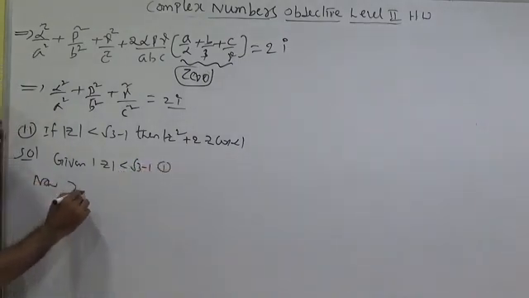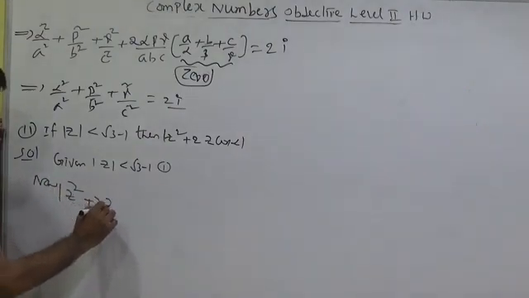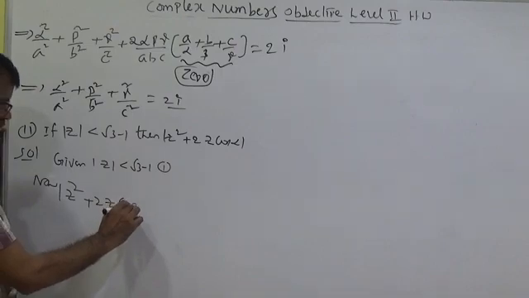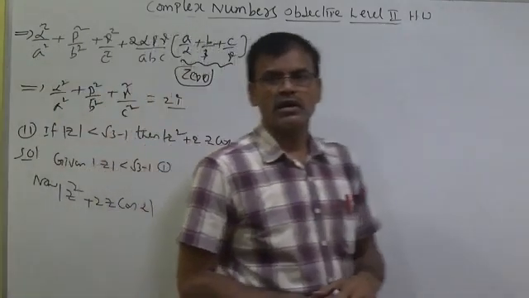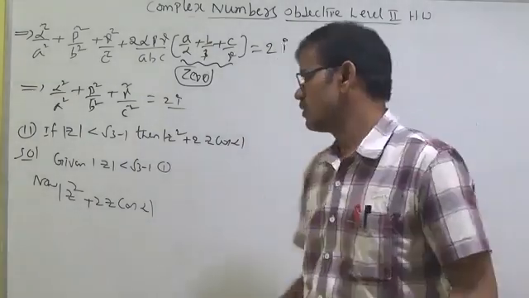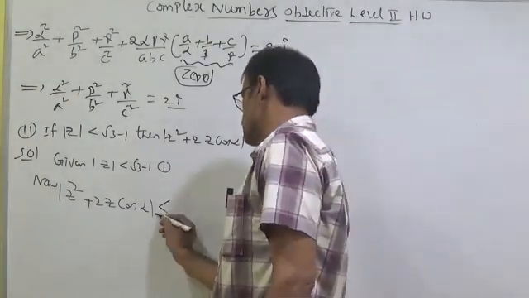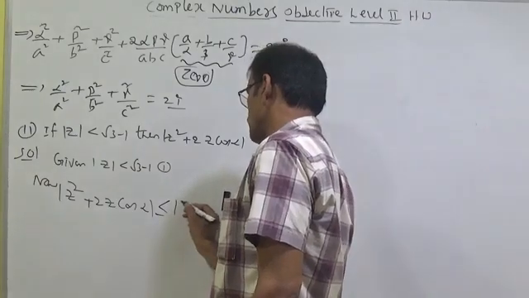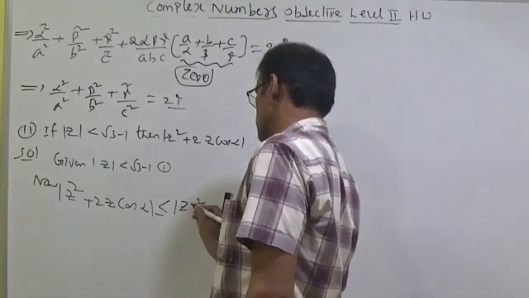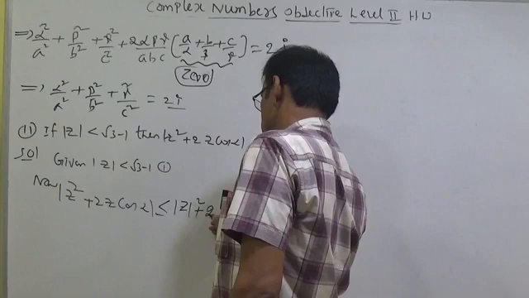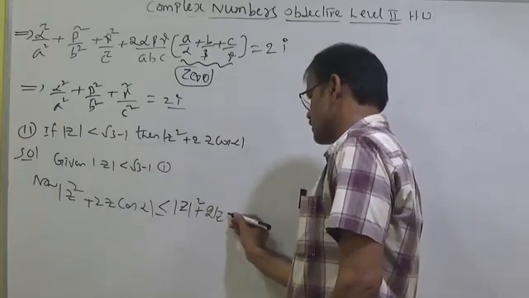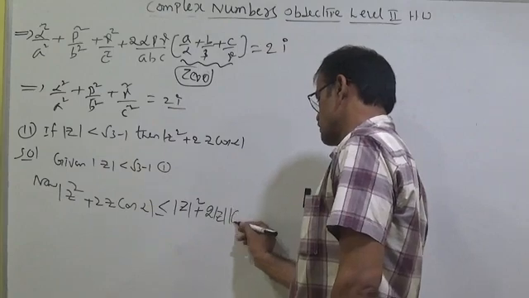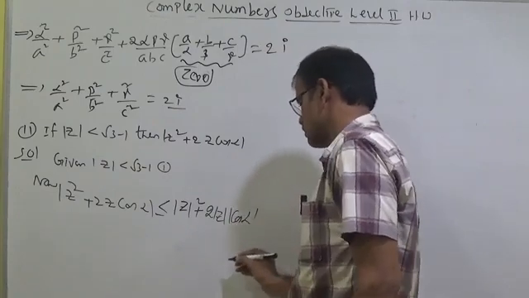Now modulus of z square plus 2z cos alpha, according to triangle inequality, you can write this is lesser than or equal to modulus of z square plus 2 mod z cos alpha. Okay. 2 mod z cos alpha, otherwise 2 mod z into mod cos alpha you take.